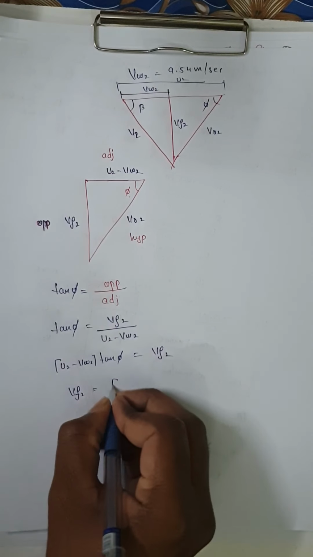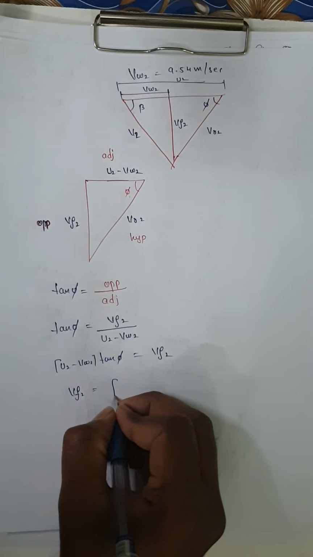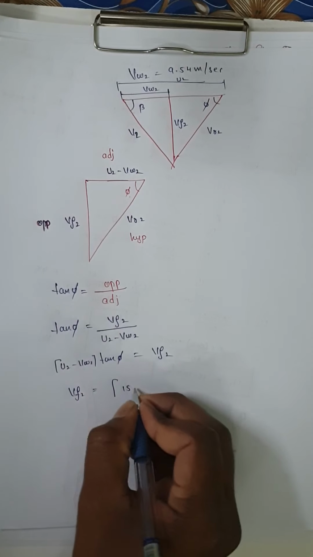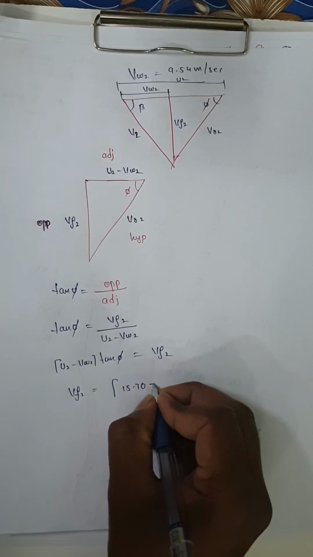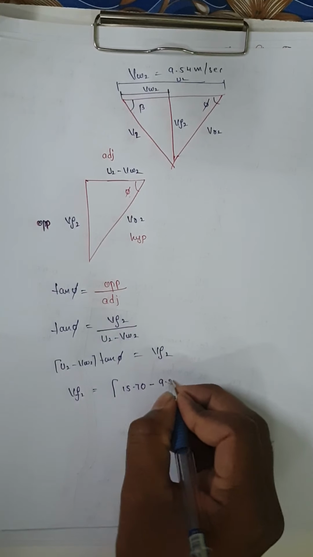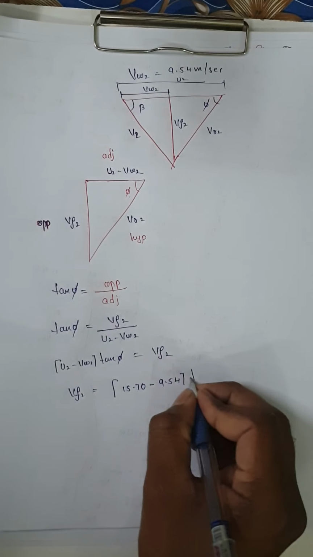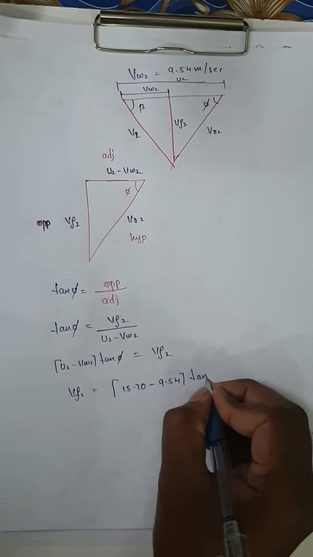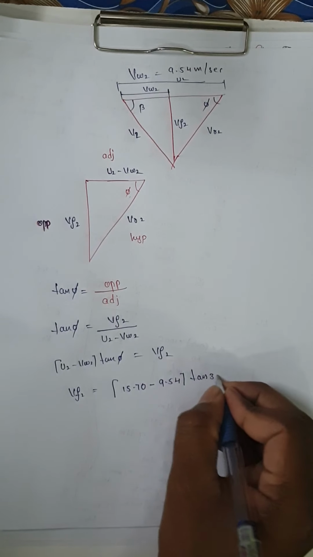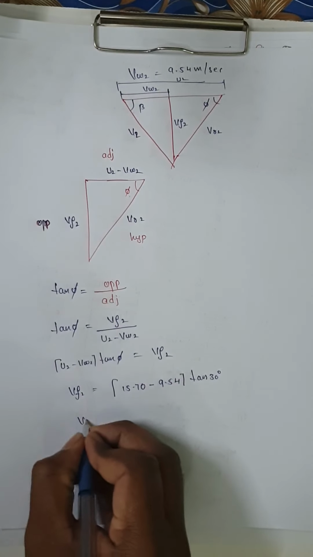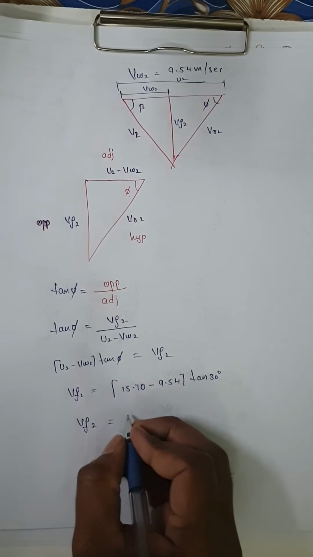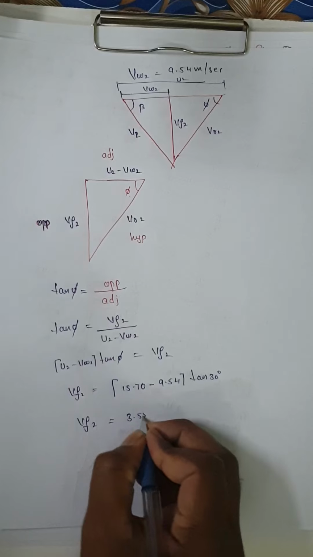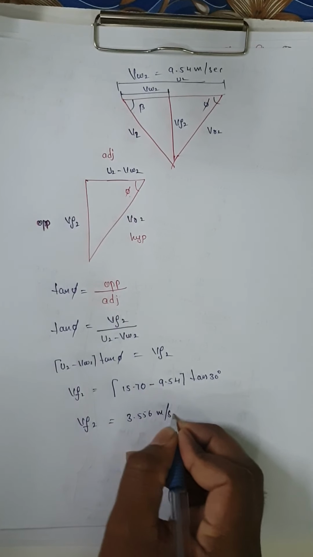Vf2 is equal to U2 value, just now you got it, 15.70 minus Vw2, 9.54. Then tan pi value is given in your question, 30 degrees. Then you will get the value of Vf2 equal to 3.556 meter per second.